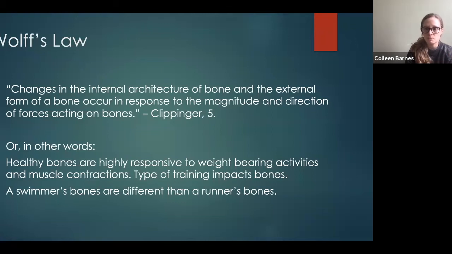A swimmer's bones are going to look different, and they're going to have a little different build than a runner's bones, right? The swimmer is doing no impact training in the water, just working against a little bit of gravity and resistance with the water, whereas a runner is in a high impact mode of training. So those bones are going to look a little bit different.